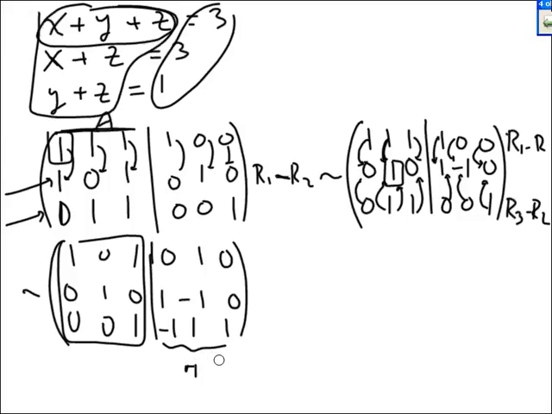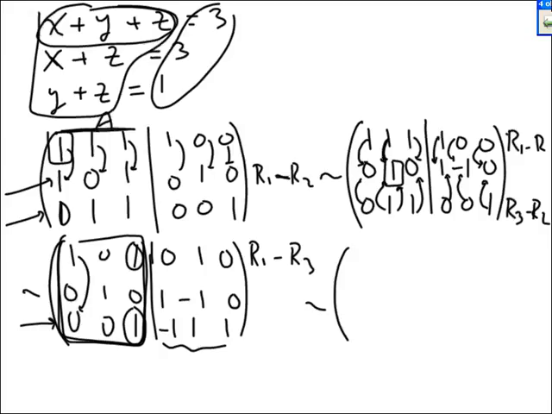We probably have no error. This is not the identity matrix. I need to, using this row, row 3, first non-zero entry, kill off that 1. I'm just going to do row 1 minus row 3. 1 minus 0. 0 minus 0. 1 minus 1. 0 minus a negative 1. 1 minus 1. 0 minus 1.